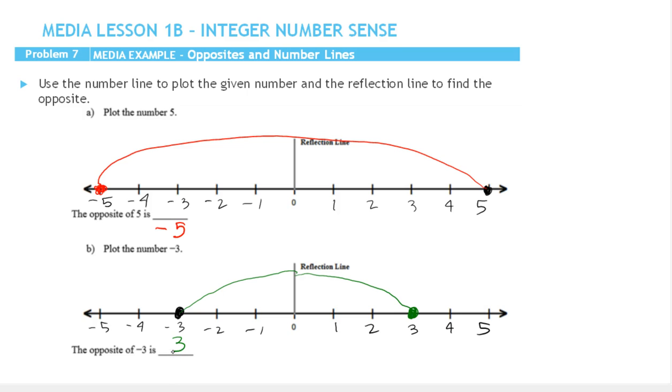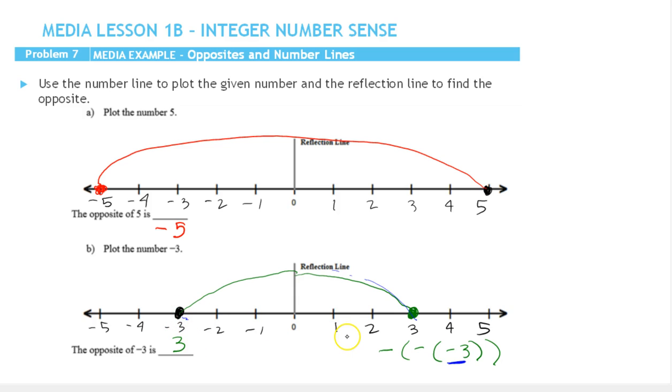So notice we could continue to take opposites, and it would just be a continuous reflection back and forth across this reflection line. So if I had the opposite of the opposite of negative 3, that means I'd start at negative 3, innermost parentheses, then I take the opposite, move here, that would be this one, then I take the opposite again, and move back.